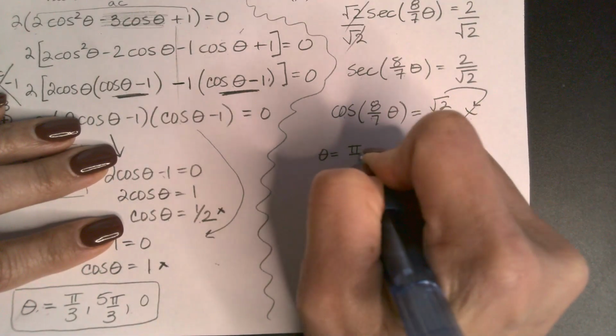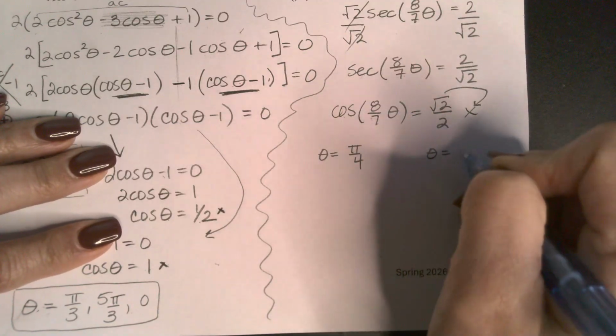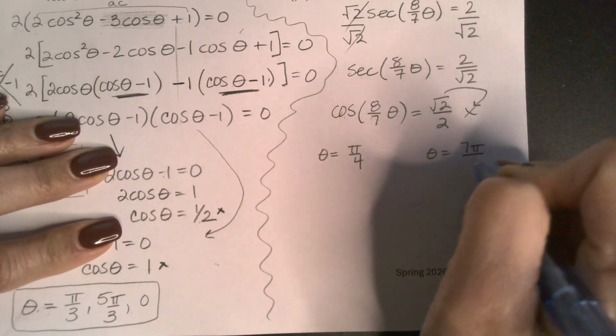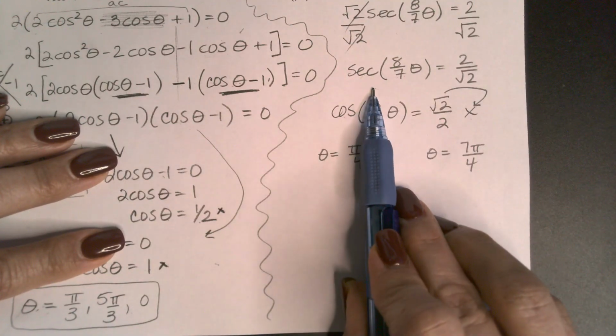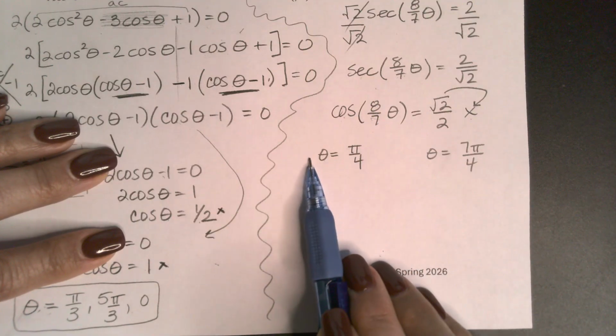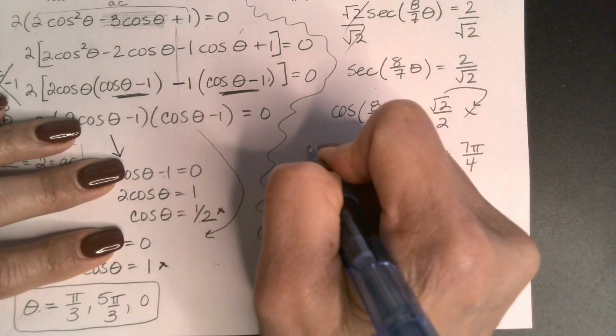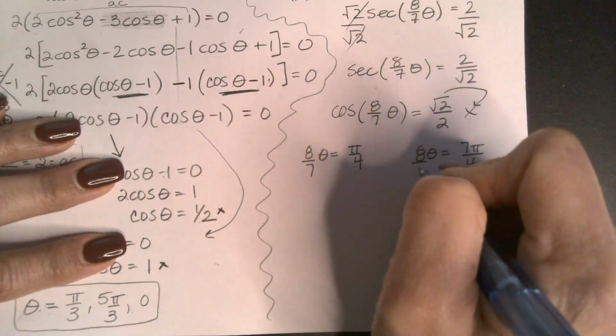Pi over 4 and theta equals 7 pi over 4. Actually, for our problem, it wasn't that, right? Like the previous ones, it was that theta. So I need to put the coefficient 8/7. It's not a 1 like the other ones.